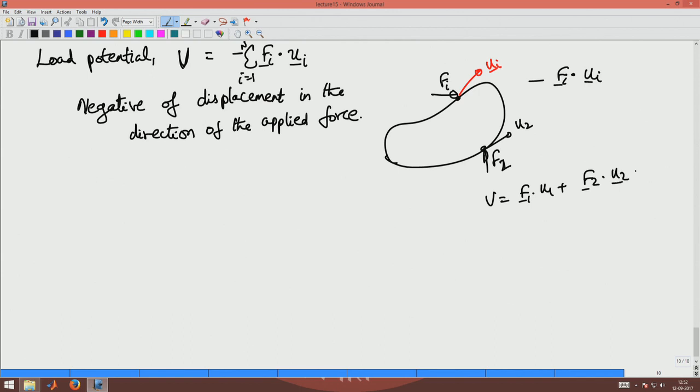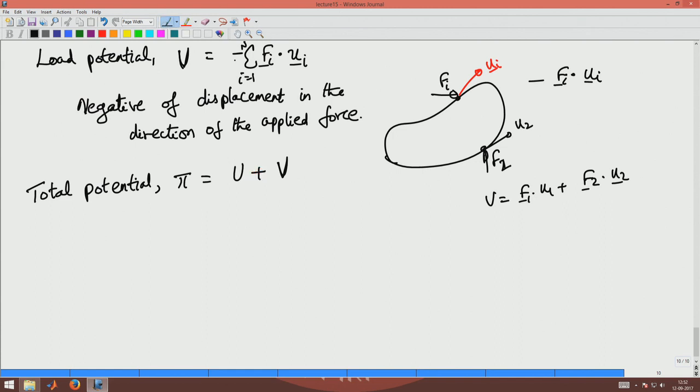Okay. Finally, the total potential pi is defined as U plus V. If I did not have a negative sign here, I would have had to introduce a negative sign here. Okay. So, basically that is the trade off.